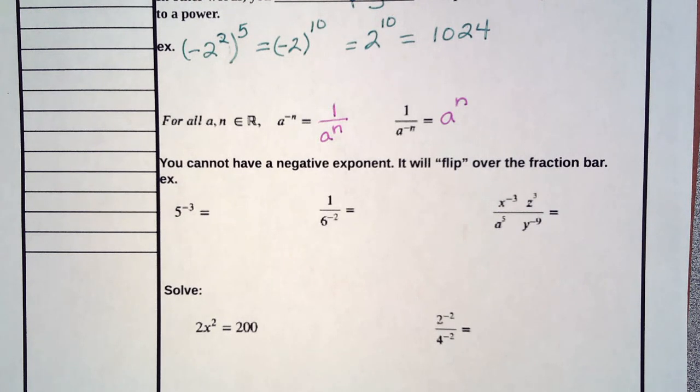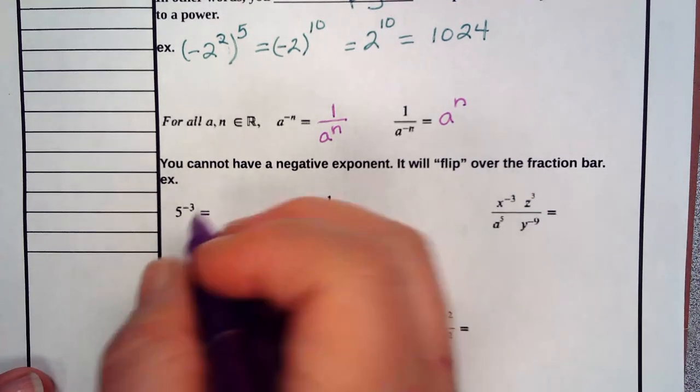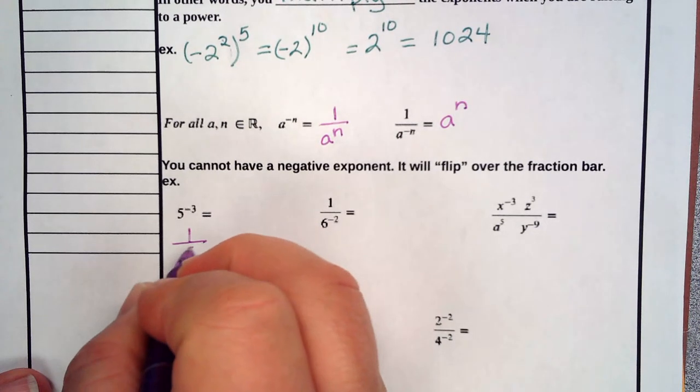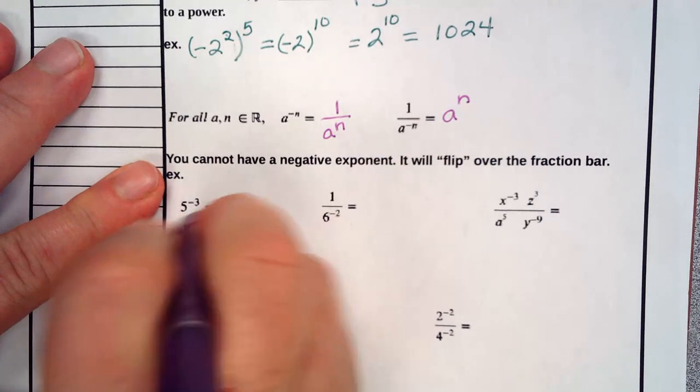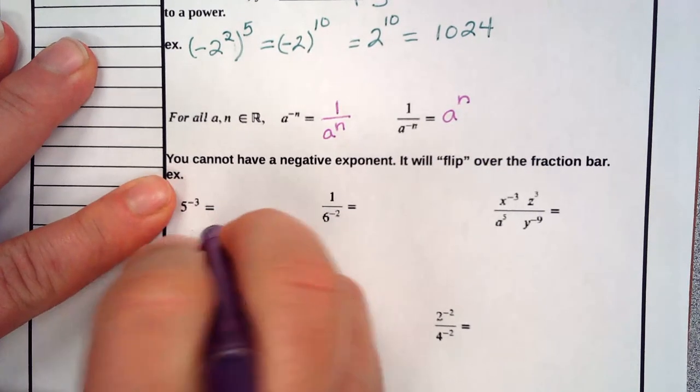So if we're looking at 5 to the -3 power, this is equal to 1 over 5 to the 3rd power.